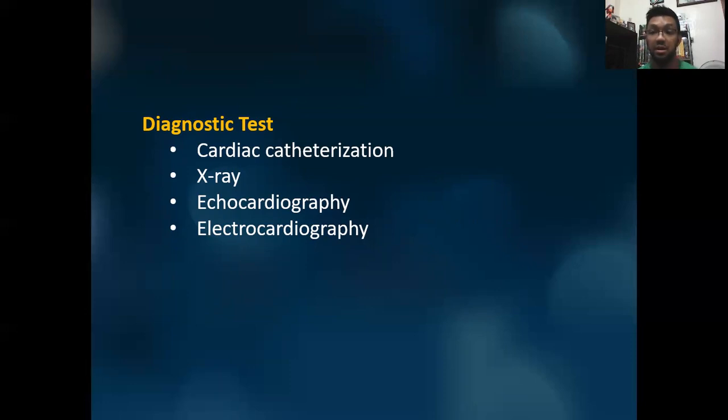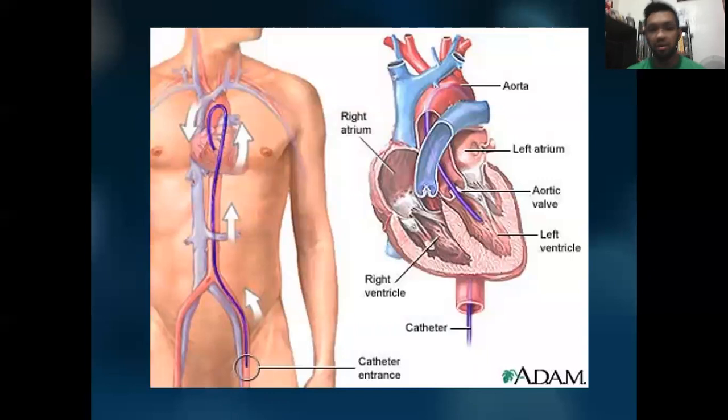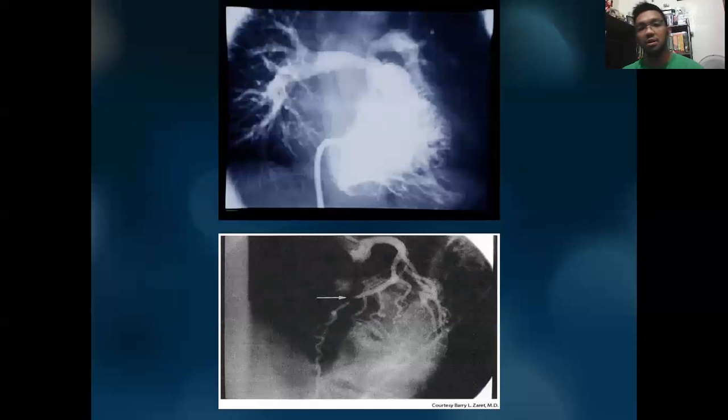Electrocardiography is going to be done in order to check for ECG patterns. So this is how cardiac catheterization is done. This one is the left side of the heart. Through cardiac catheterization, like I mentioned in my earlier lecture, they use a dye in order to visualize these blood vessels here. Like this, for example, they are trying to visualize the coronary arteries.